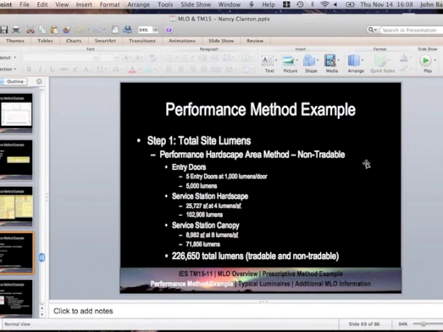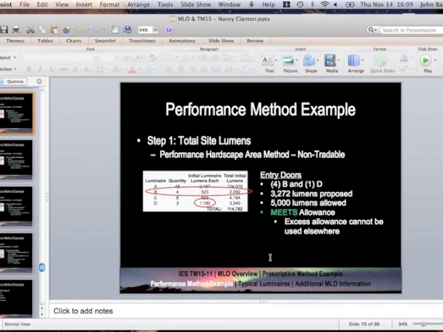And here just shows an example of how to go through which one. There are 5 entry doors, so we get some like there. We get canopy area and hardscape area for a total of 226,650 total lumens, tradable and non-tradable.